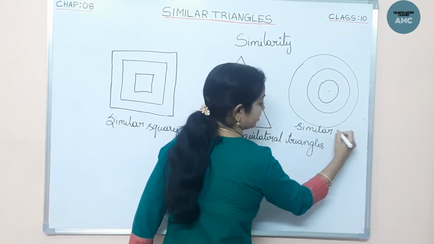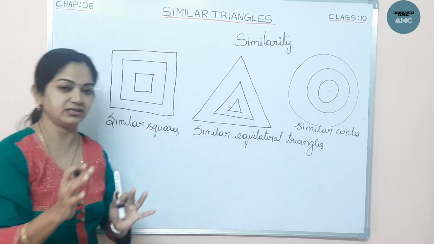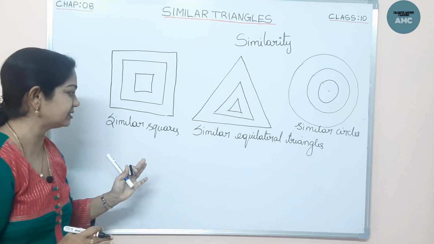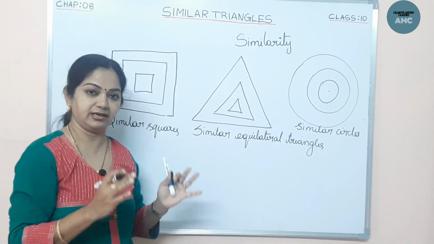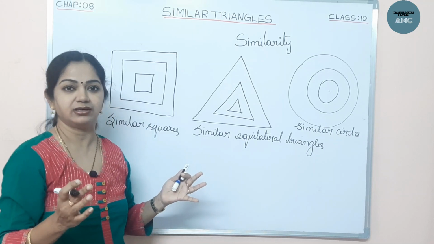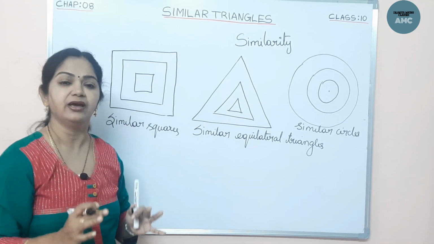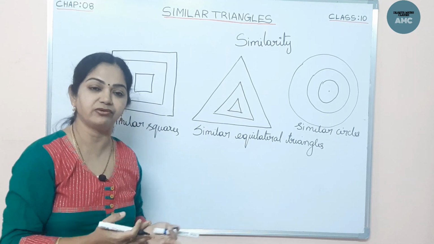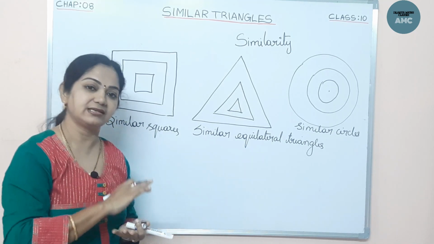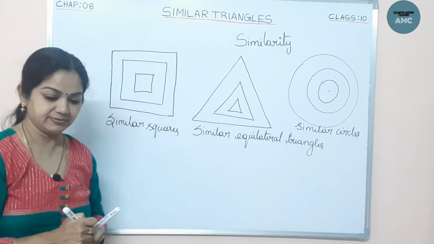Now clearly, what is the difference between congruency and similarity? Similarity means same shape, need not be same size. That is similarity. Whereas congruency means having the same shape as well as the same size.